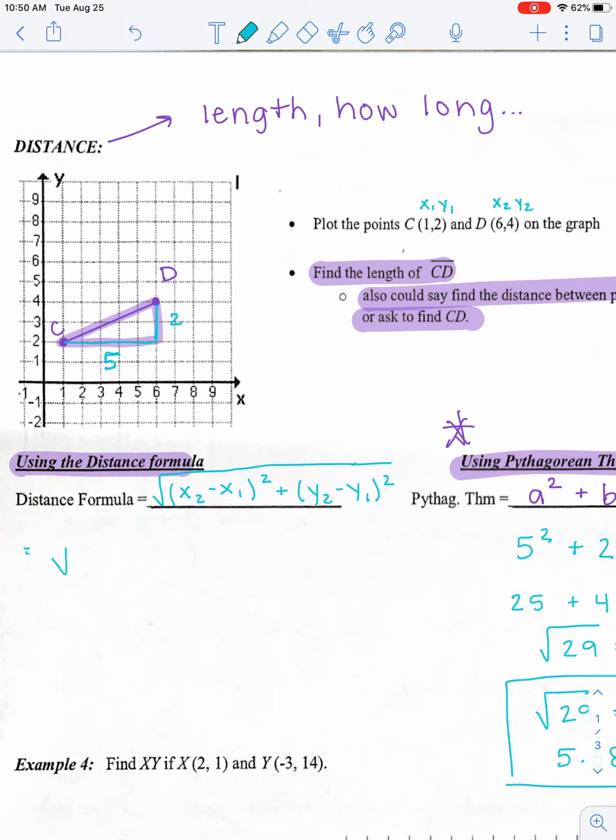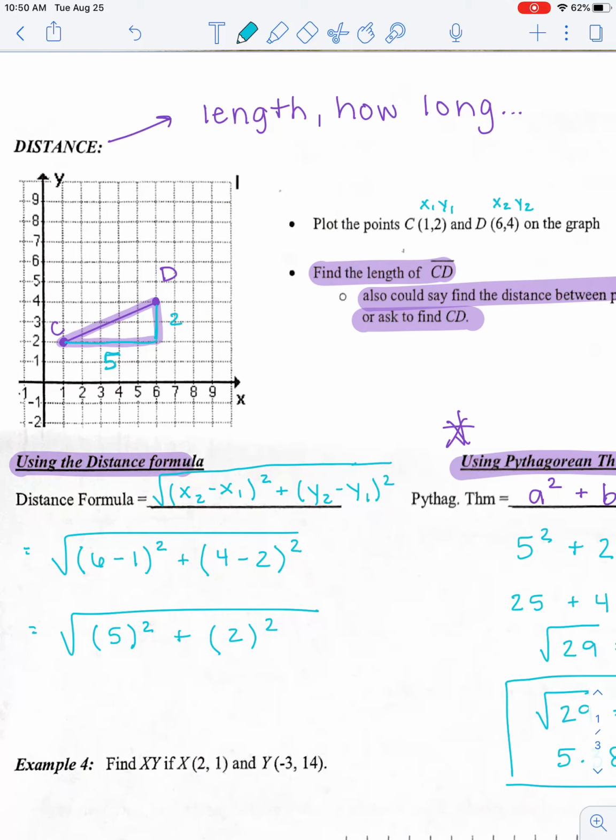So if I do my problem here, square root, x2 is 6 minus x1 is 1 squared plus parenthesis, y2 is 4 minus 2 squared. We're going to simplify a little bit. 6 minus 1 is 5 squared plus 4 minus 2 is 2 squared. 5 squared is 25. 2 squared is 4.